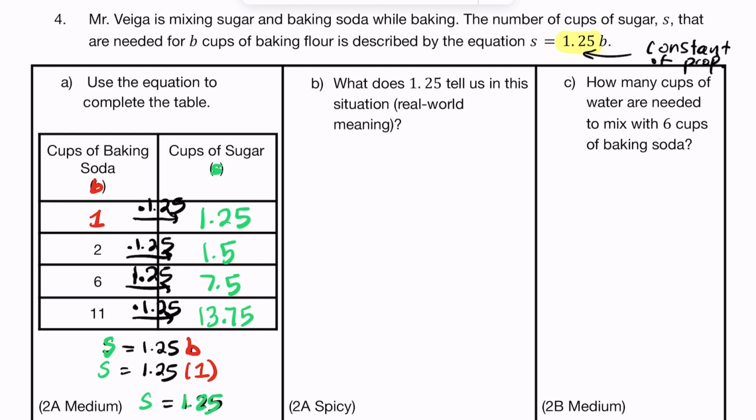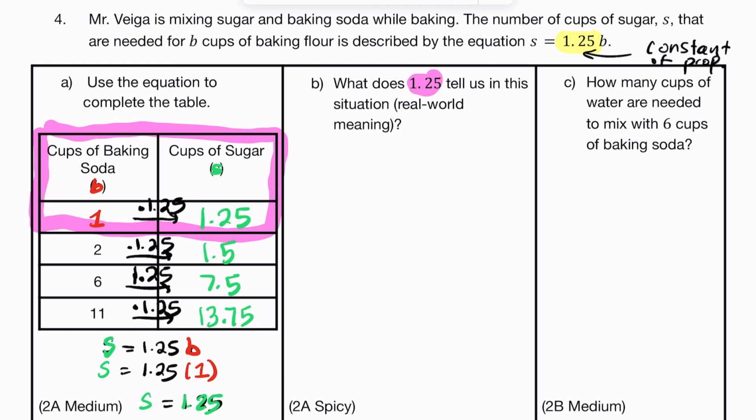Then what does it mean? Okay, so here, if you're confused, this is when you really want to look at your table and look at the units and everything. So if I look at this first row, I see 1.25 in my table. Okay, and where do I see it matched up? This is like my unit rate. The 1.25 is saying that when I have 1 cup of baking soda, I have 1.25 cups of sugar.